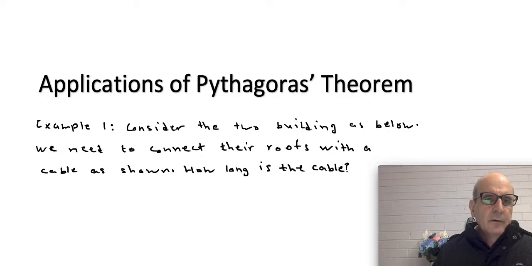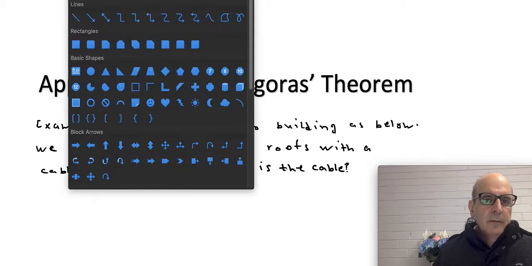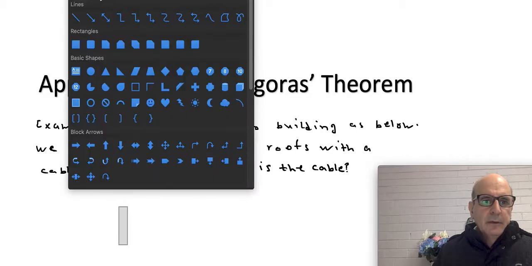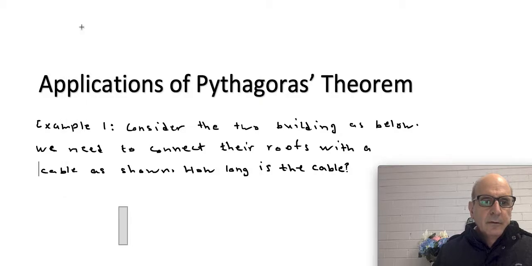All right, so basically we have building, so that's building 1. Then there is building 2. So let's say this be the ground level. And then we have building 2.